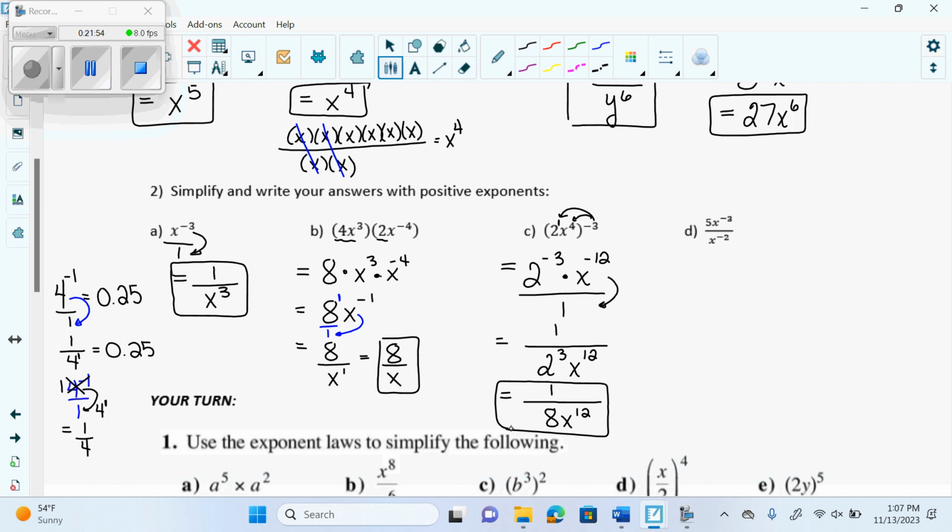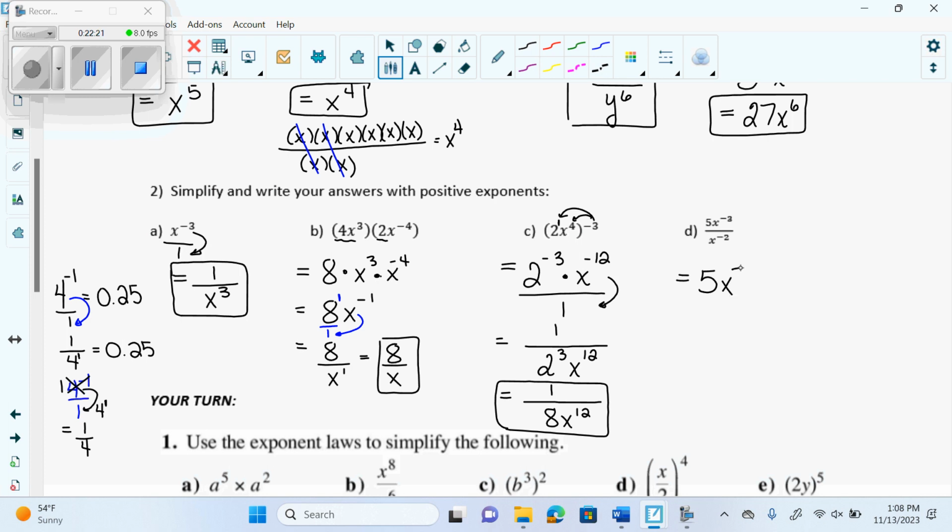So I have 5x to the negative 3 over 5x to the negative 2. So I'm going to get 5x. What do I do when I have two bases and two exponents and I'm dividing? What do I do with those exponents? When you have two bases and two exponents and you're dividing, what do we do? Subtract.